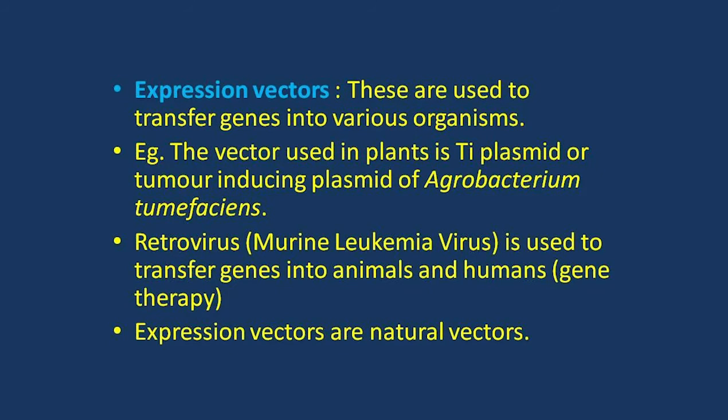Another example of an expression vector is retrovirus. Retroviruses are RNA-containing viruses. Example, murine leukemia virus is used to transfer genes into animals and humans. Genetic engineering in humans to cure genetic diseases is called gene therapy. Expression vectors are all natural vectors.